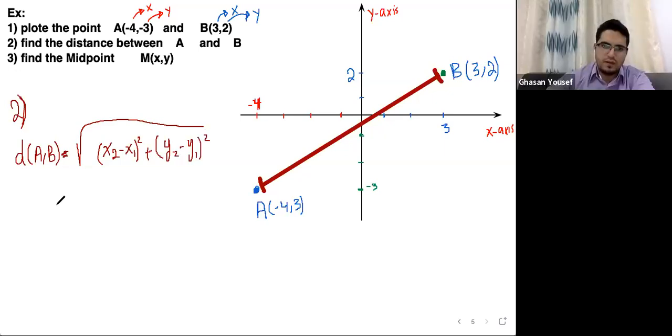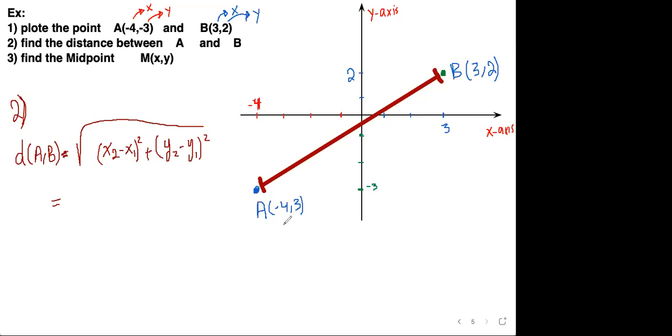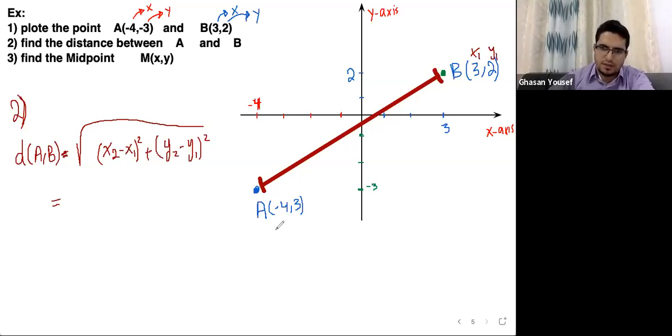Correct. Now, what are x1 and x2? X1 is minus 4. This is x1 and this is y1, and this is x2, and this is y2.